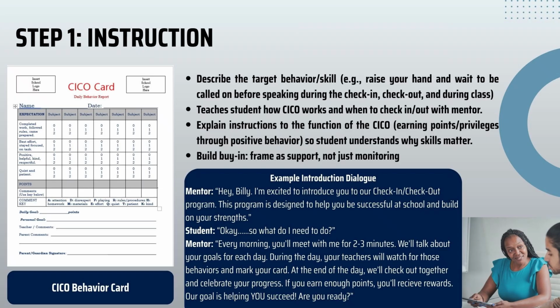So you're going to explain the function of check-in and check-out, how they can earn points, and earning those points can result in privileges through positive behavior. Sometimes you can offer tangibles so students understand that the skills do matter. So it also helps build their buy-in. So you want to frame it as a form of support, not like you're monitoring them, like, hey, I'm keeping an eye on you. So you want to frame it in a positive light.